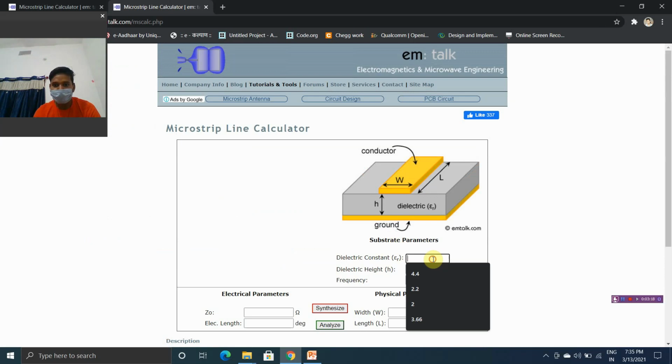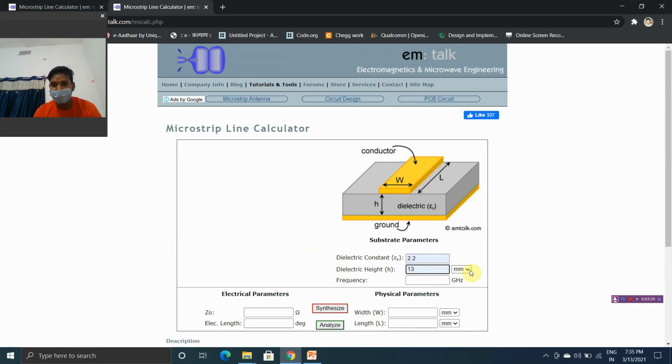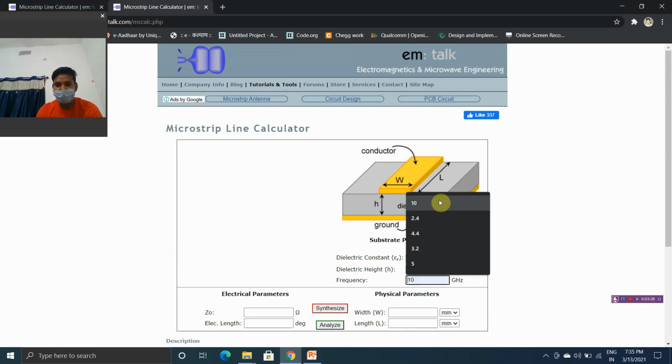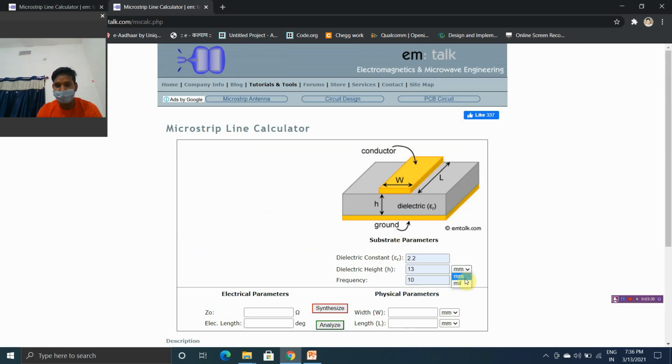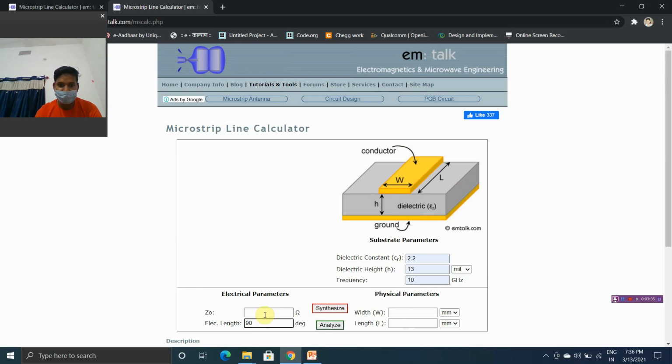Quickly type here our relative permittivity 2.22, 13 mils, and frequency 10 gigahertz. For lambda by 4 length we have to provide 90 here, and for 50 ohm we need to calculate first.